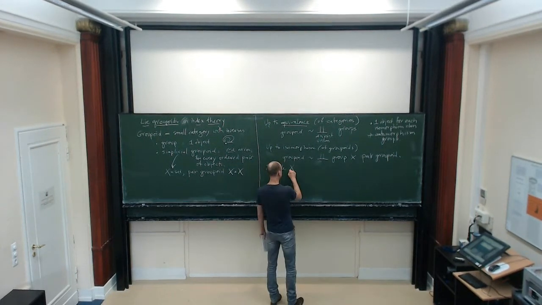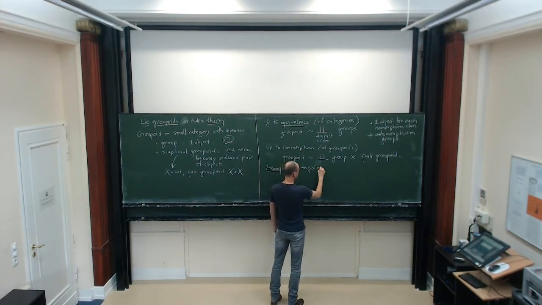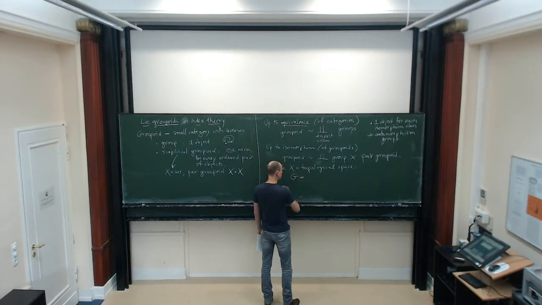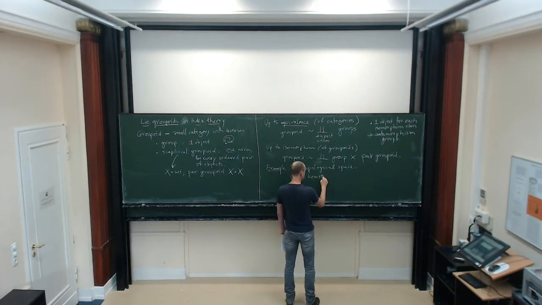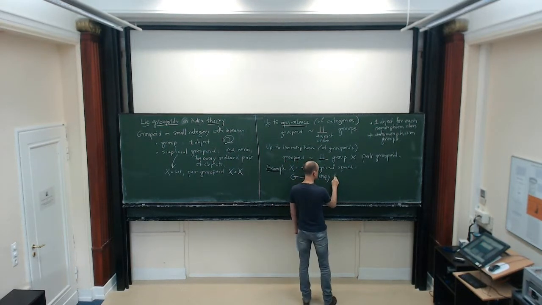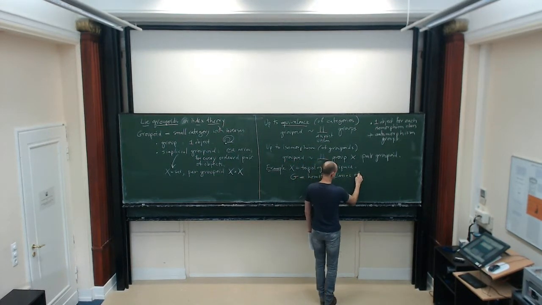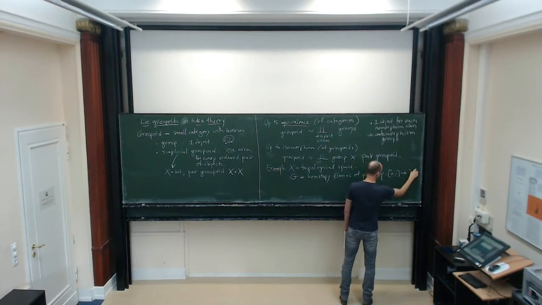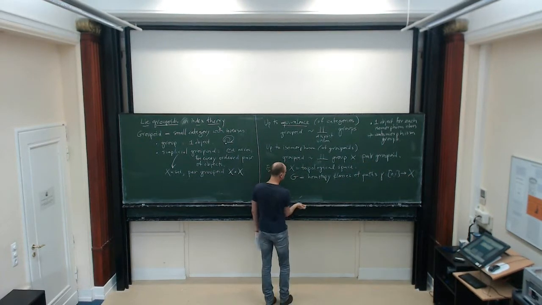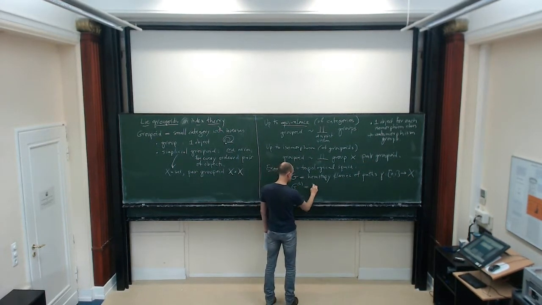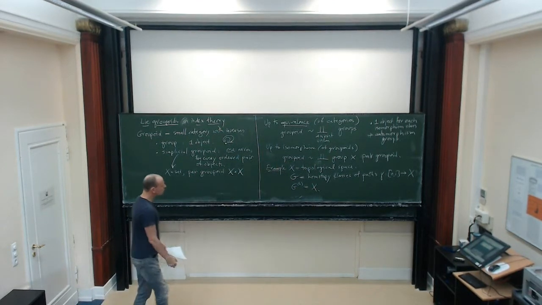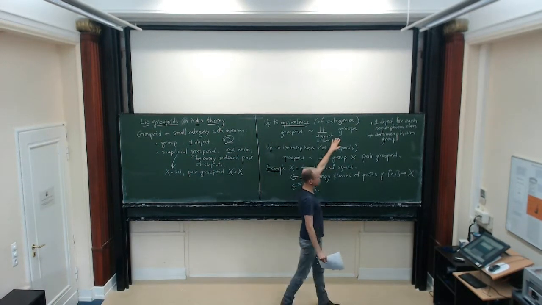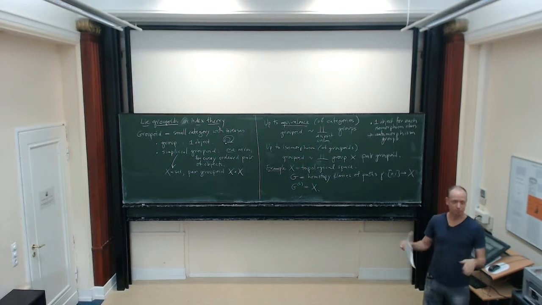So if X is a space, then our groupoid could be all homotopy types of paths in X. Right, so that's a groupoid, and the object space is, of course, just X. Up to equivalence, as I said, it's basically the fundamental groups of the connected components of the space.